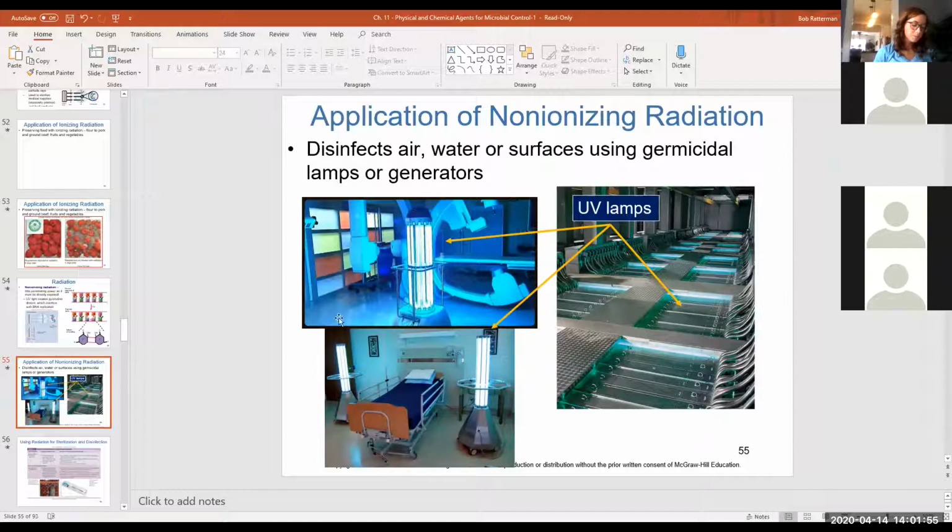As you'll be reading about in one of the videos, they also talk a little bit about the use of these lamps in hospital settings as agents to help disinfect the room, or in this case to disinfect the water to lower the microbial load. Again, I'm not sure how many municipal water treatment plants utilize this. It would be pretty expensive to do, I would think, but that's why they use it.